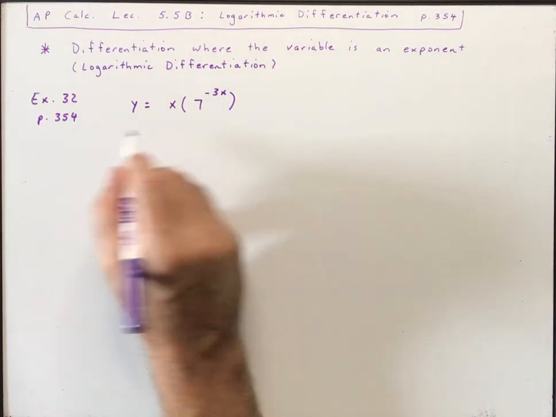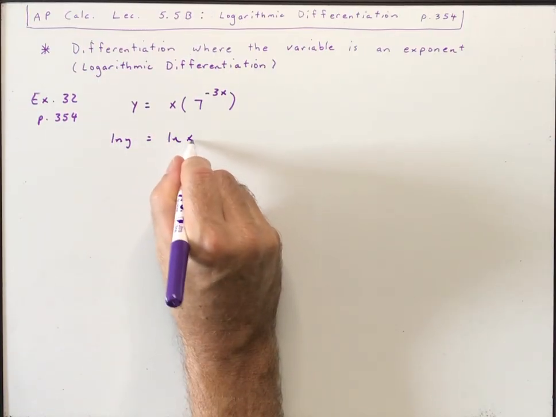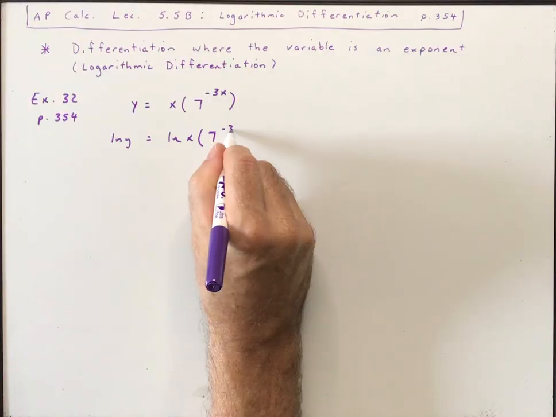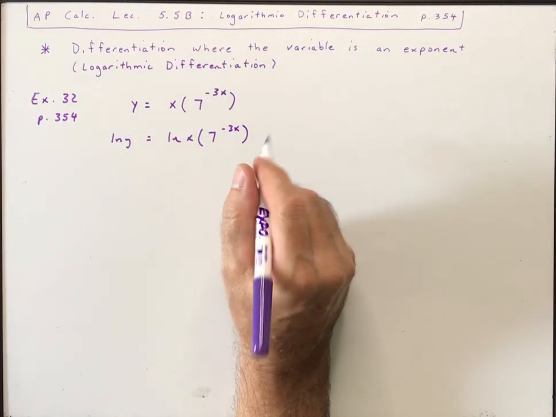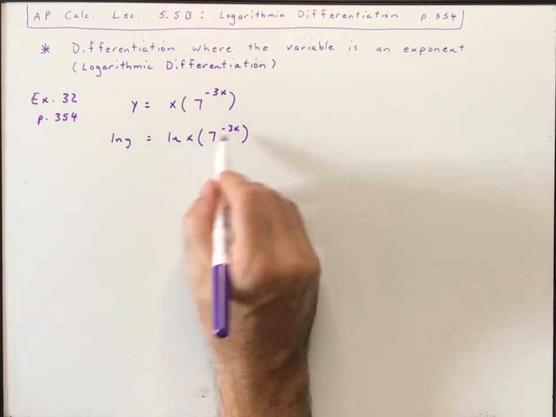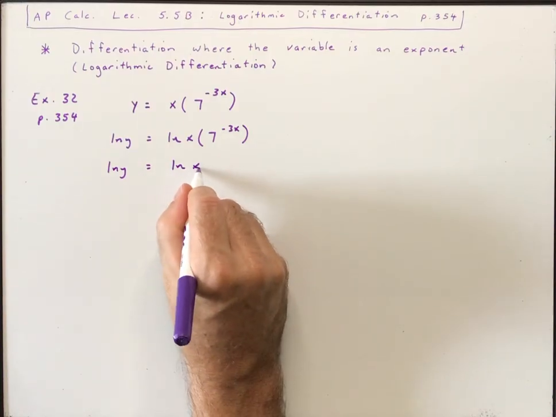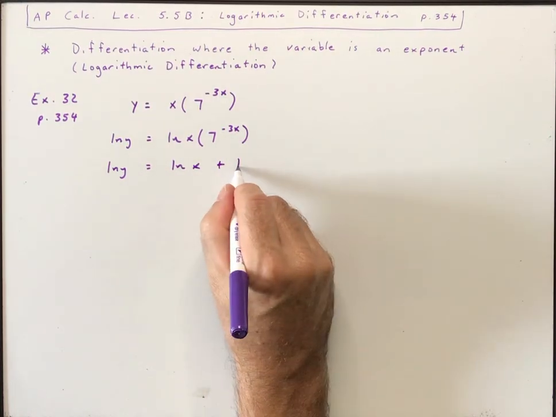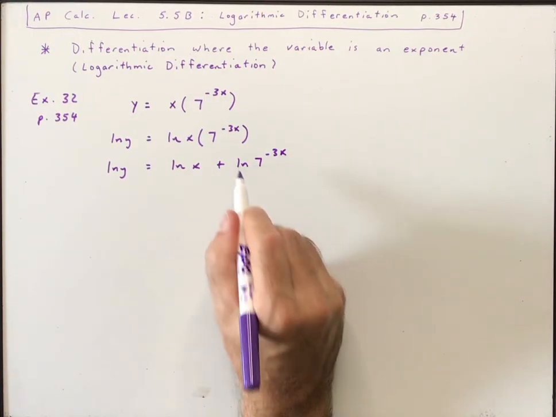And so we are going to take the natural log of both sides. All right, and now we'll use the properties of logs to split these two up. Natural log of x plus, since it's multiplication, the natural log of 7 to the minus 3x. And now I can bring that minus 3x out front.